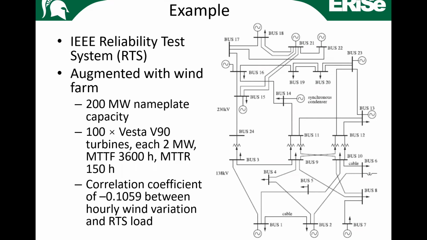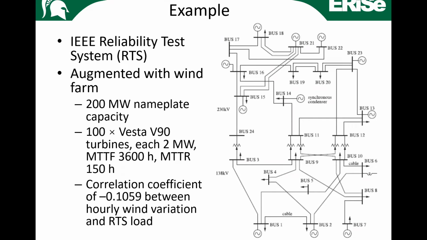We tested it on several locations in the system, and we added 200 megawatt wind, which had 100 Vestas V90 turbines, each 2 megawatts. MTTF stands for mean time to failure, and MTTR stands for mean time to repair. These are typical ways of representing the reliability of equipment.